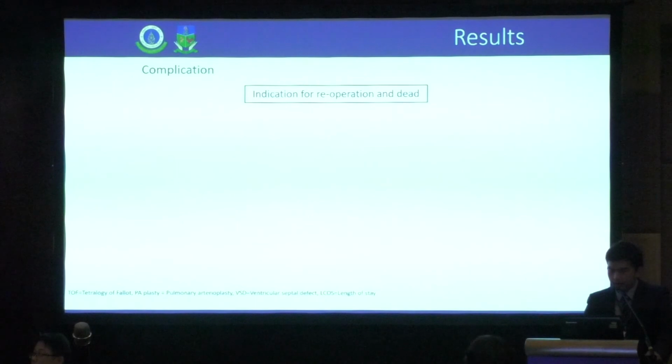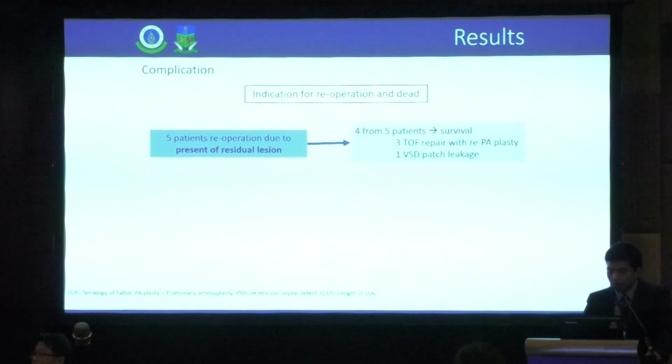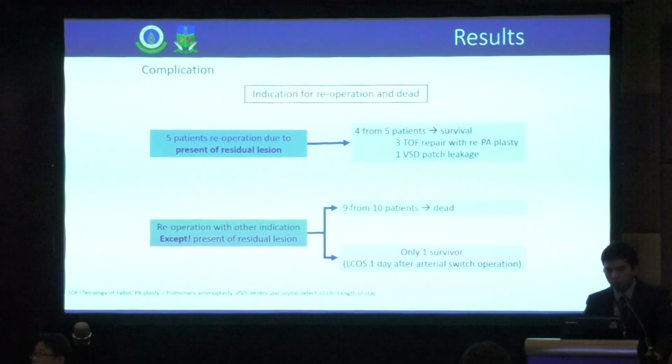Looking at the indication for reoperation and death, 5 patients were reoperated due to a residual lesion, and 4 of those 5 survived. On the other hand, with reoperation for other indications, 9 of 10 patients died. Only 1 patient survived, from low cardiac output syndrome after arterial switch operation.